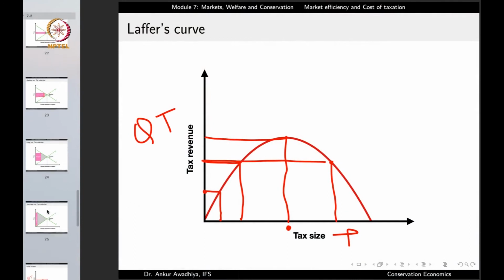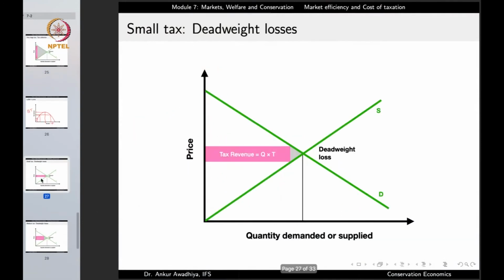But another thing also happens at the same time. Now, if you concentrate on the deadweight losses, when the T value is very small, the deadweight loss is given by the area of this triangle in gray color. So for a very small amount of T, this area is small.